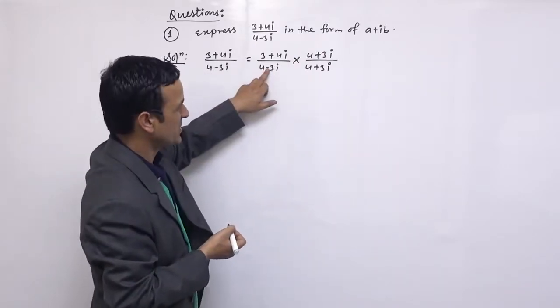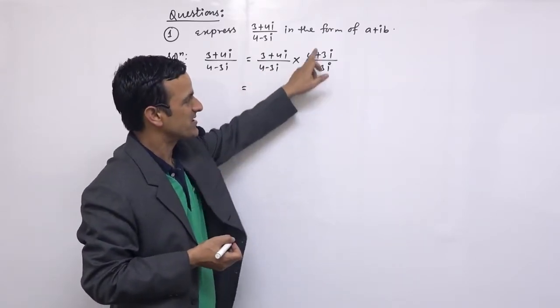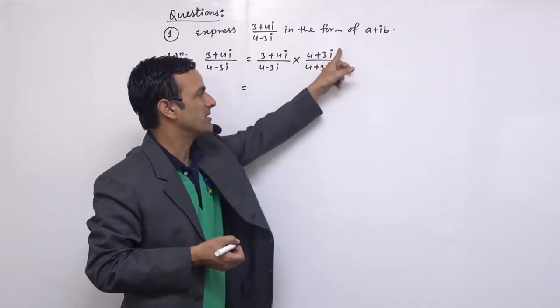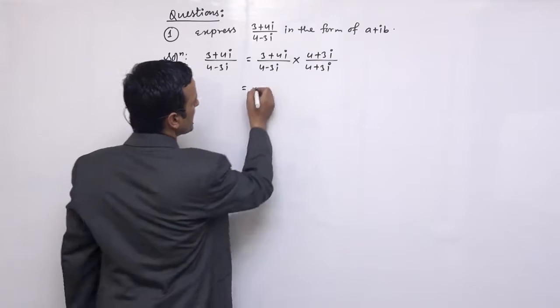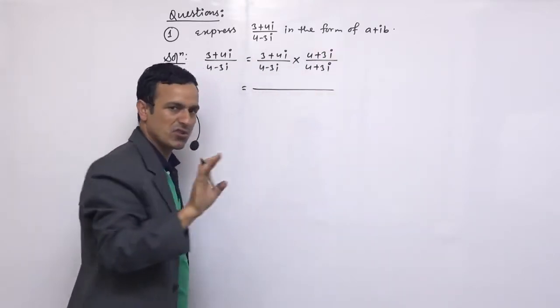So in the denominator we have a minus sign, so write down a plus sign. With the plus sign, the term in the denominator becomes plus, and we multiply and divide by it. So now we can multiply this term and this term turn by turn.